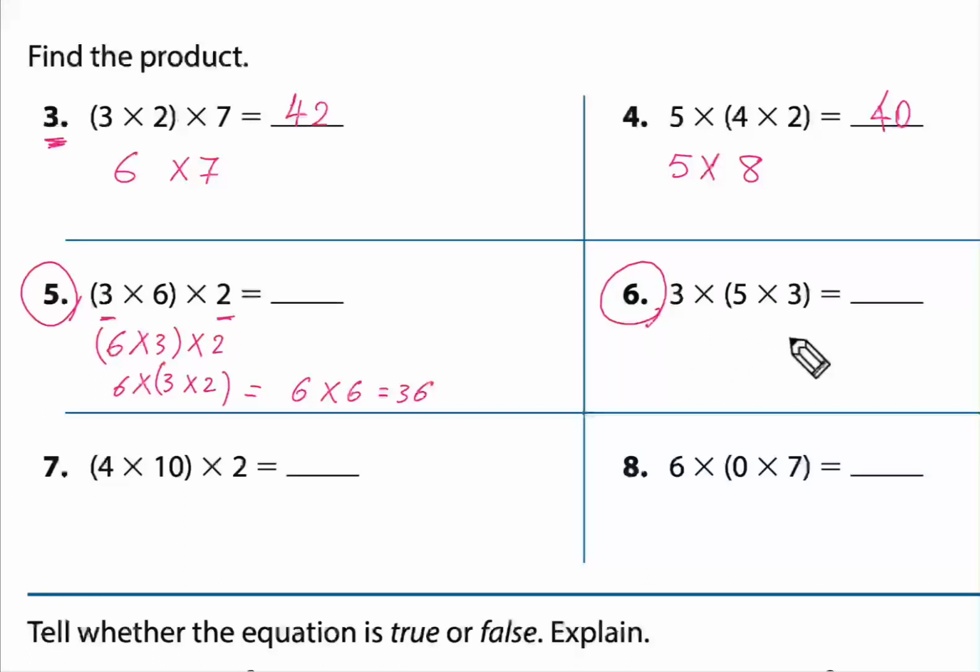What is 5 multiplied by 3? Oh, but we don't keep the timetable of 15. We don't know 3 multiplied by 15. So it's better to multiply this 3 with this 3, right? We need to get them near to each other. So change the order first. So this 3 as it is.